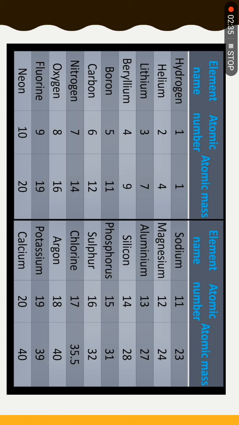Like in this table, you can see that there are certain elements. The names of the elements are given, along with their atomic numbers and atomic masses. For example, hydrogen has an atomic number of 1 and an atomic mass of 1. If we look toward helium, helium has an atomic number of 2 while its atomic mass is 4.